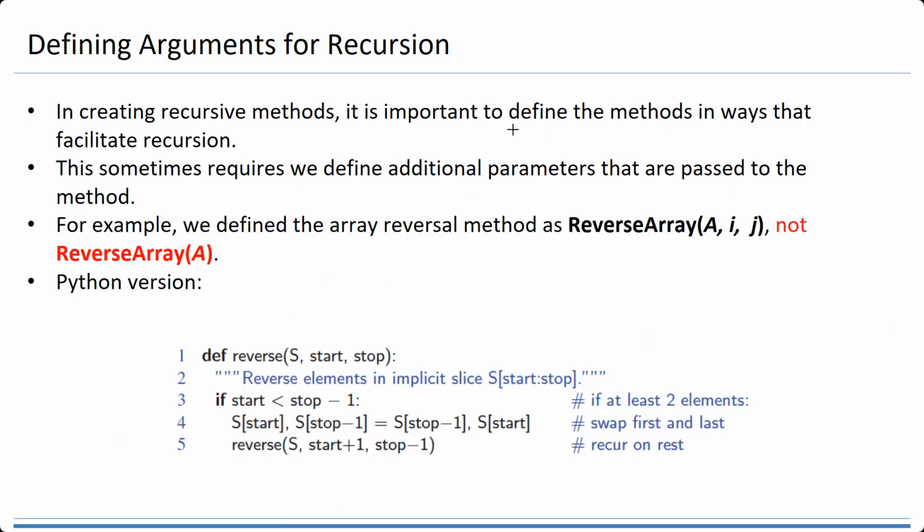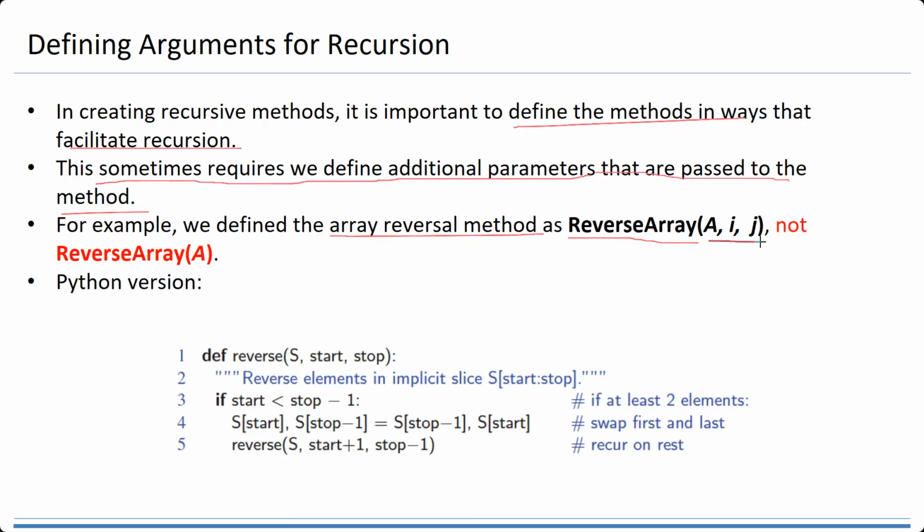So you can define the methods in a way that facilitates the recursion. This sometimes requires that we define additional parameters that are passed to the method. So in the array reversal method, we define array A comma i comma j.